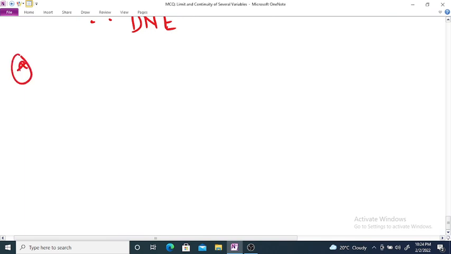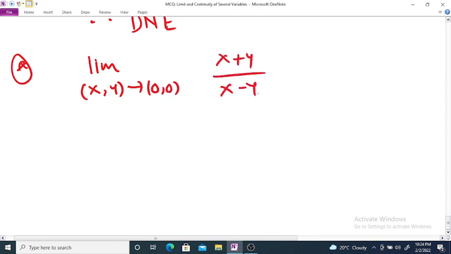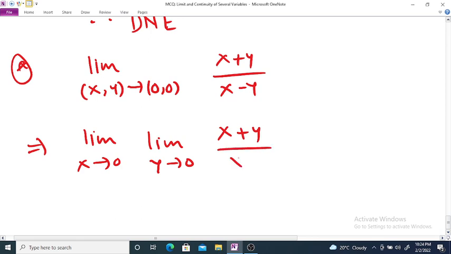Next, check whether the limit as (x, y) tends to (0, 0) of (x plus y) divided by (x minus y) exists. Find this limit and check whether it exists or not. Now if you find the repeated limit, limit x tends to 0, limit y tends to 0, of (x plus y) divided by (x minus y), it is equal to limit x tends to 0, x divided by x, which is equal to 1.